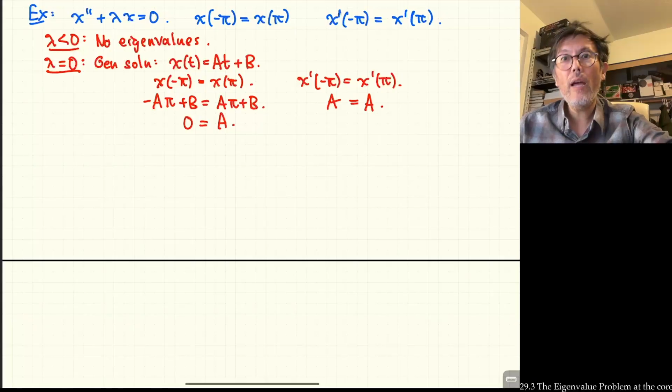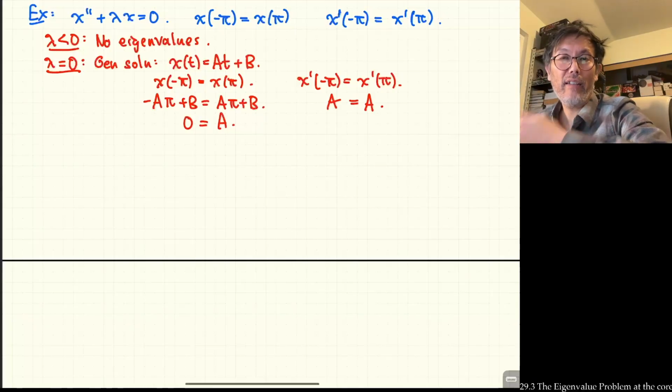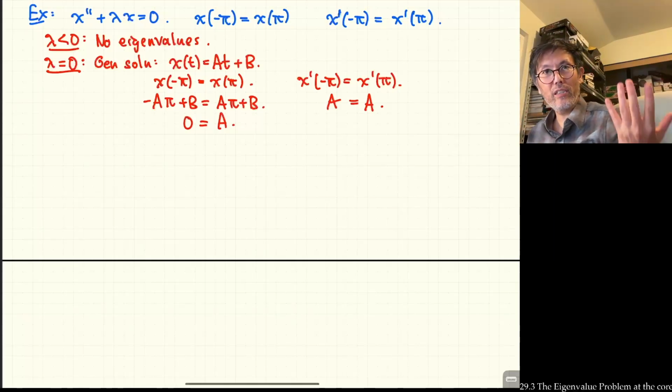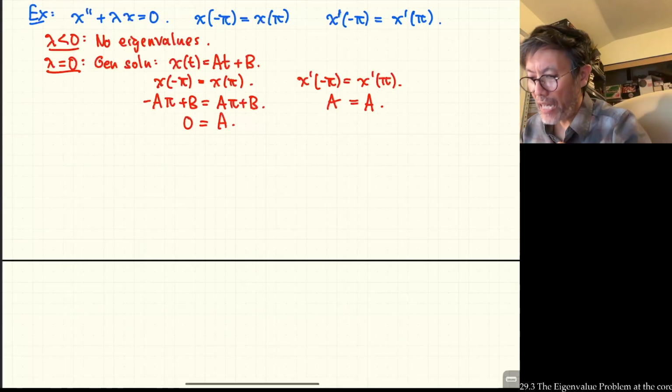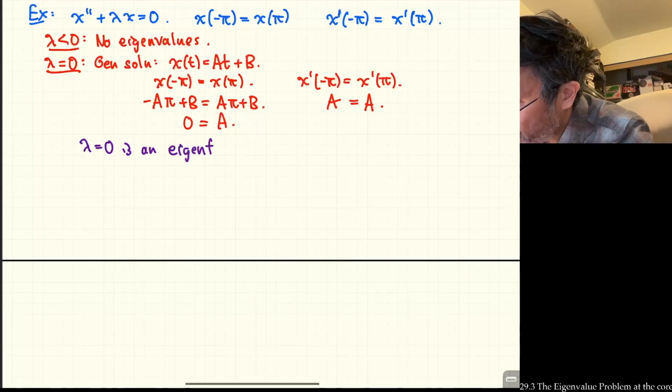In other words, notice the only constraint here is on a. A must be 0. B can be whatever it wants to be. So what I'm saying here is that lambda equal to 0 is an eigenvalue.